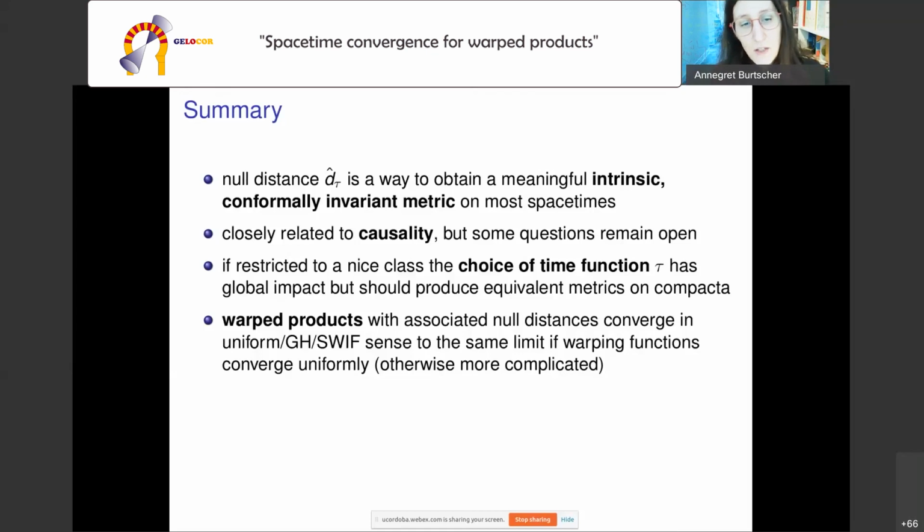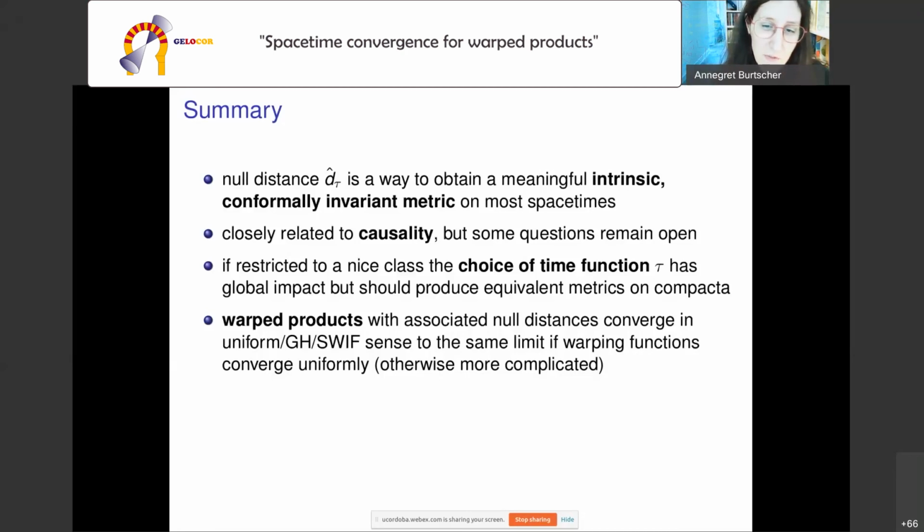We could show that they converge uniformly in the Gromov-Hausdorff sense and in the intrinsic flat sense to the same limit. Namely, the limit is the null distance related to the warped product with the limiting warping function. Okay, complicated formulation. And the theorem itself is always under the assumption that the warping functions converge uniformly.